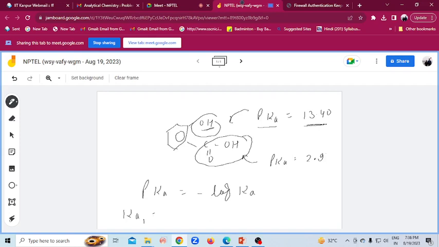Ka1 is 10 power minus 4 and Ka2 is 10 power minus 2. So from here we can say which K is higher. This K is higher obviously. But when you calculate the pK value from Ka1 and Ka2, what will the value be? Just a minute, let me erase it.